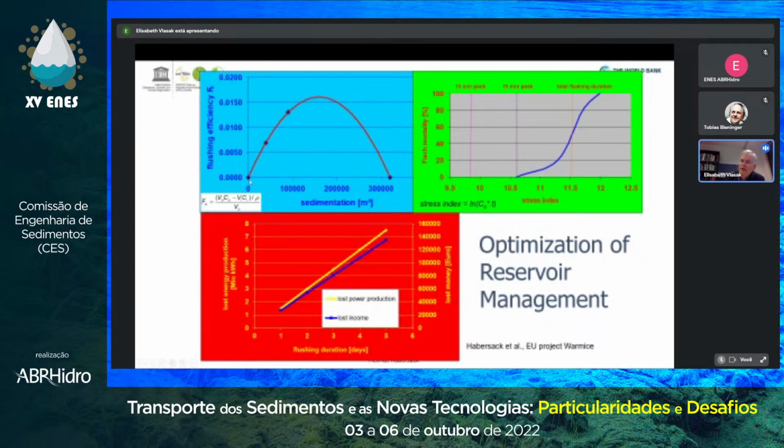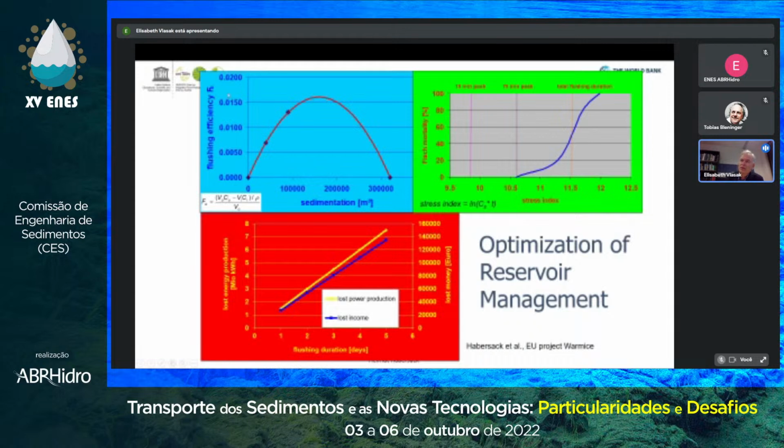Of course, if you have no sediments, you don't have to flush basically. But if you wait too long, the reservoir is filled and you cannot flush anymore because the bottom outlet is completely blocked. Now we have here some measurement points, and our assumption is, and the model results show a little bit, that we have somewhere an optimized sedimentation.